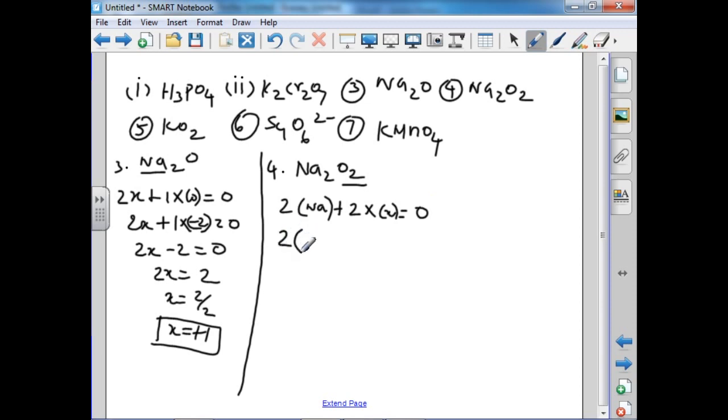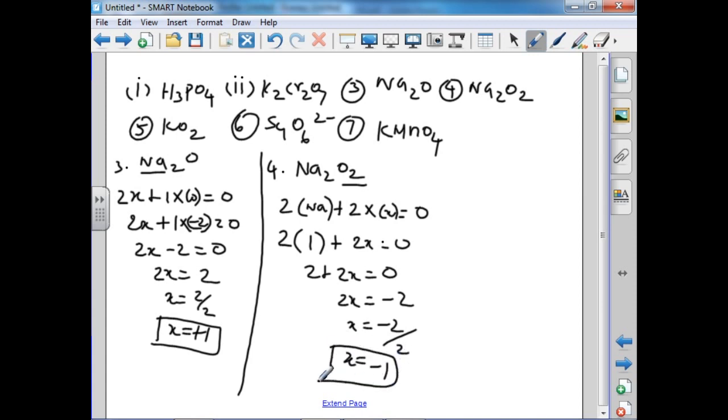What is the oxidation number of sodium? 1 plus 2X equal to 0. So 2 plus 2X equal to 0. 2X equal to minus 2. So X equal to minus 2 divided by 2, X equal to minus 1. So the oxidation number of oxygen in peroxide is minus 1.